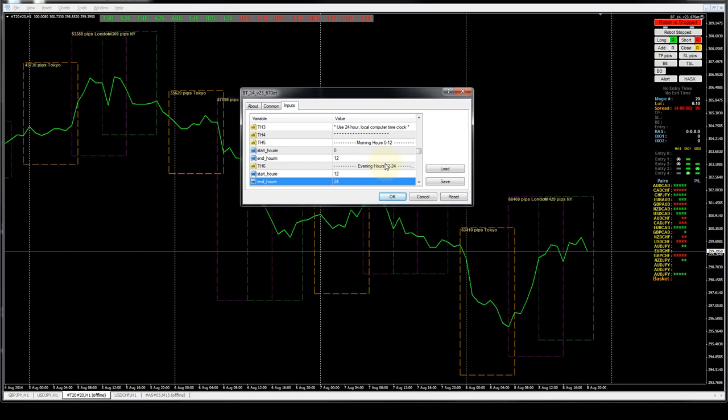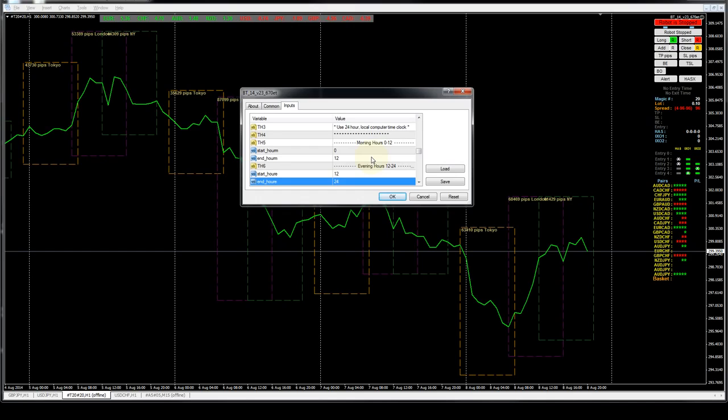Now, as you notice here, we got morning hours and evening hours. Now in my case here, if I want to trade, now these hours are your computer clock time. These are not the broker's hours, these are your computer clock. Now in my case, a lot of times I do some breakouts, and I do them like an hour before London opens. I set it up and do it for like 8 hours or something.